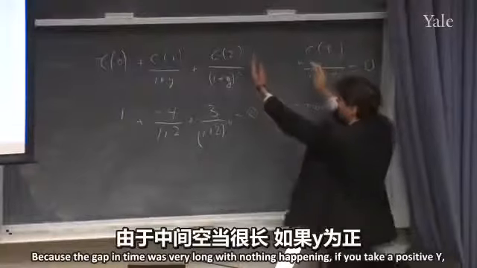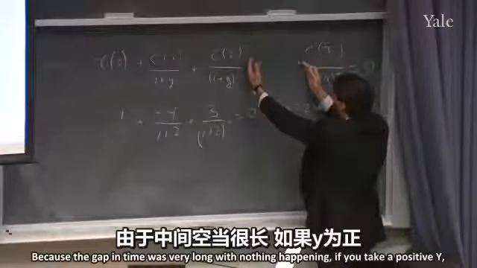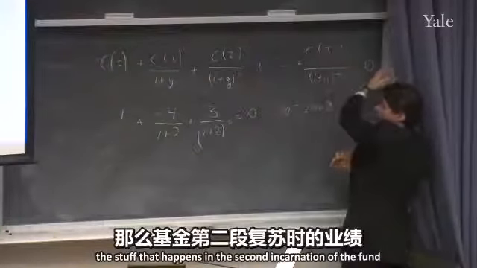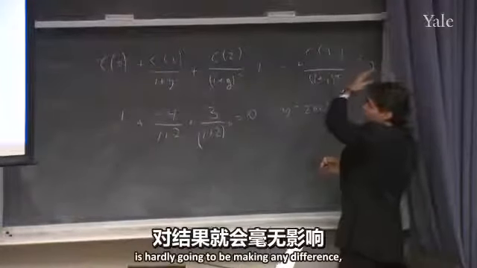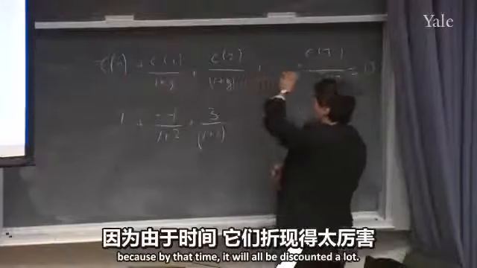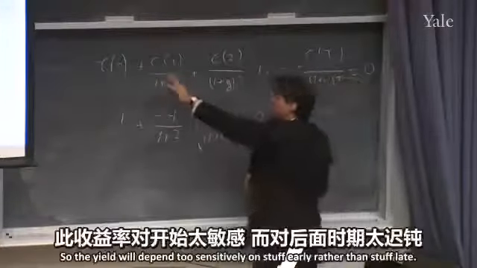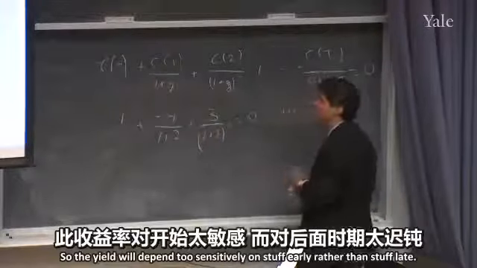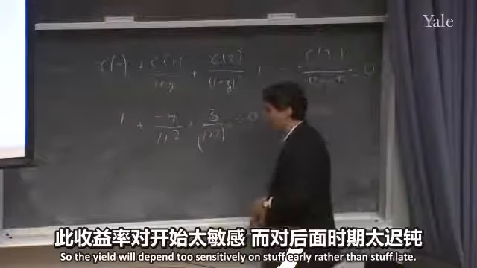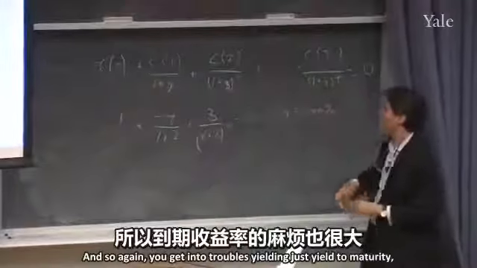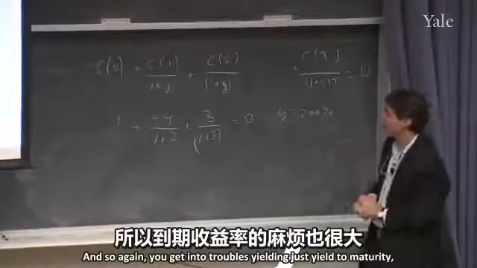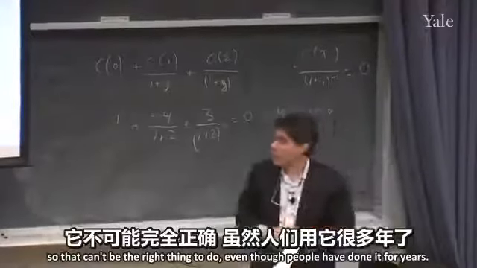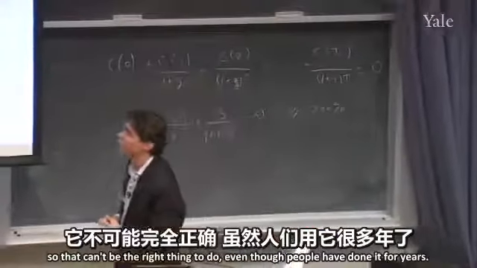Well, because the gap in time was very long with nothing happening, if you take a positive y, the stuff that happens in the second incarnation of the fund is hardly going to be making any difference, because by that time it'll all be discounted a lot. So the yield will depend too sensitively on stuff early rather than stuff late. And so, again, you get into trouble using just yield to maturity. So that can't be the right thing to do, even though people have done it for years.